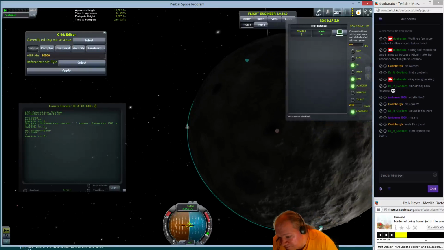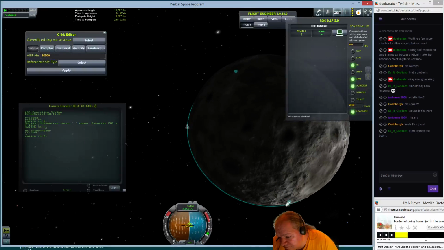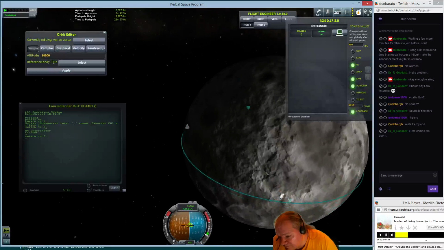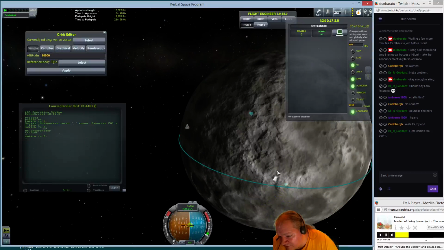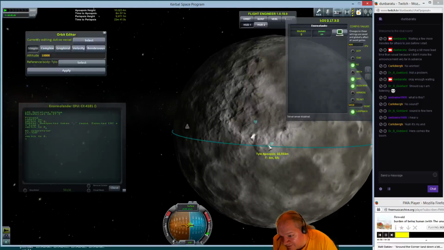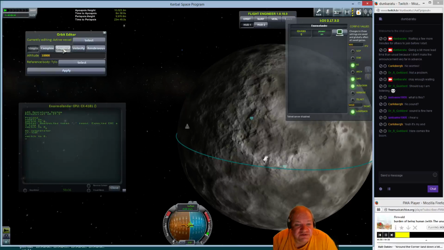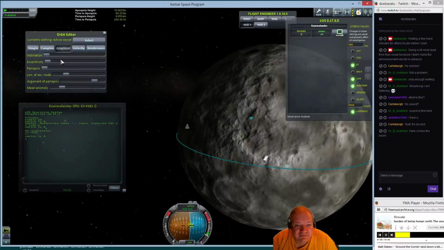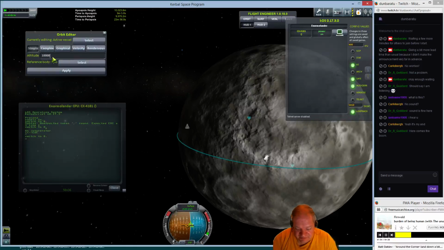Okay. Hey, looky there. It's our previous debris from our other attempt. Actually, let's put this a little higher up before I start playing around with it.